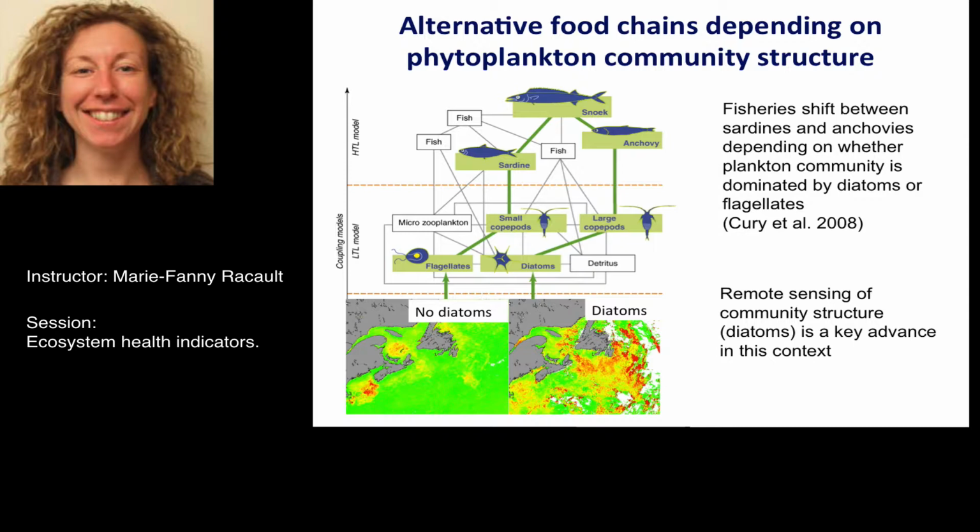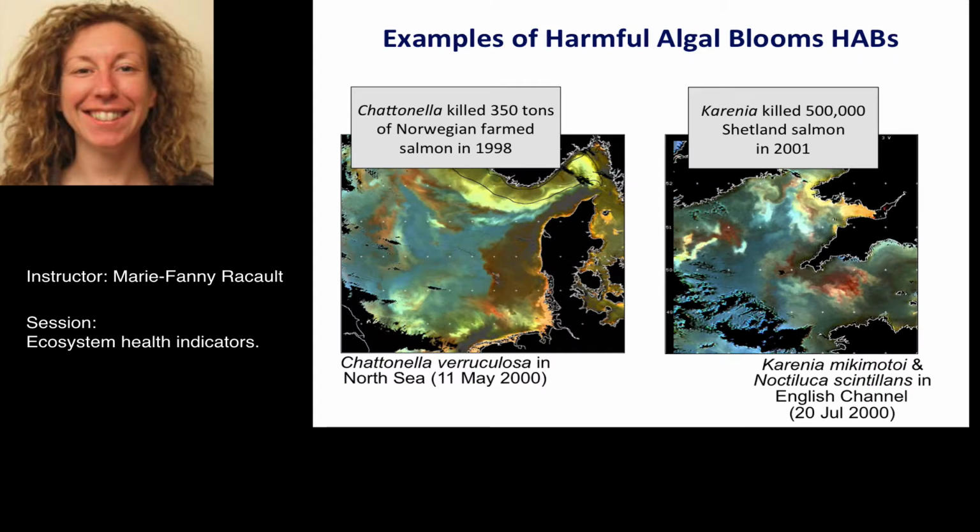It's an example for January and June. Diatoms are shown in red, so these pixels tell you that the waters are dominated by diatoms. It doesn't exclude that there may be other phytoplankton present, but it's more about dominance. We see them in the North Atlantic here.